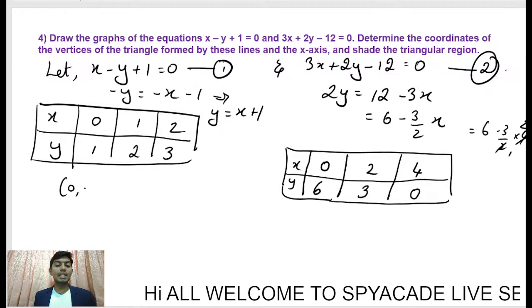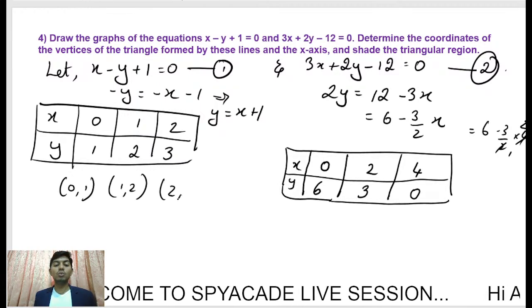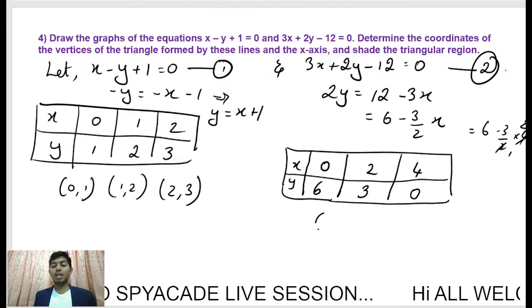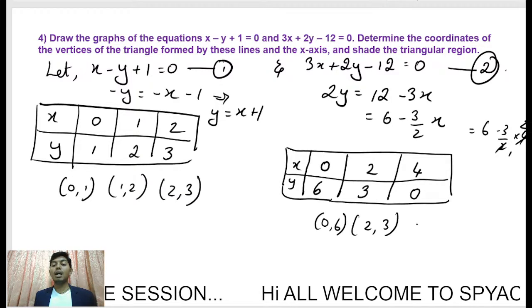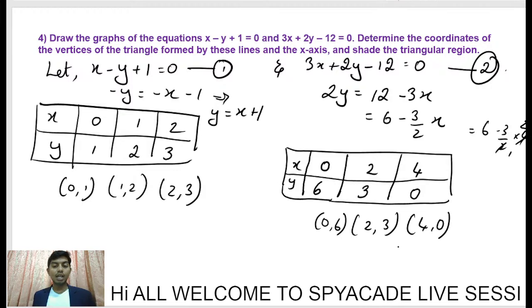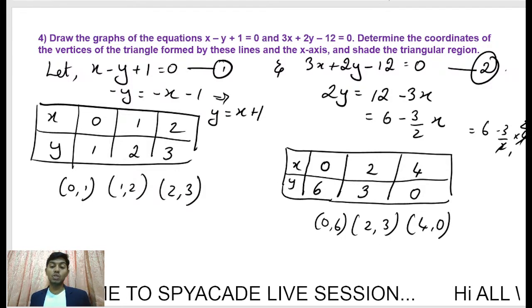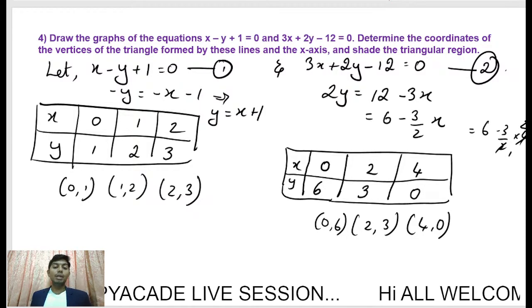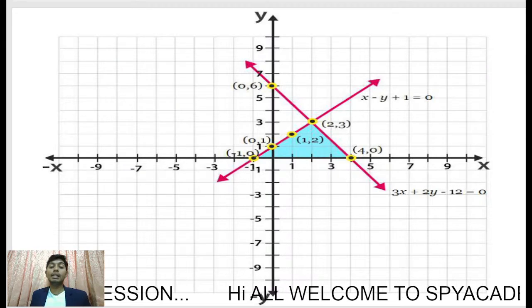So the points are (0, 1), (1, 2) and (2, 3). Same way here the points are (0, 6), (2, 3) and (4, 0). Is it clear for everyone? So for both the given equations, we made some points which we have to plot on the graph.